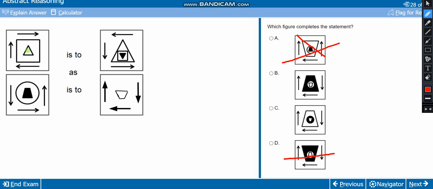Next, in shapes 1 and 2, we see that the outer square is now still engulfing the inverted triangle. However, nothing has happened to the insides of the square, i.e. here it's white and it is still white, so therefore we expect a white circle to engulf our inverted shape over here.